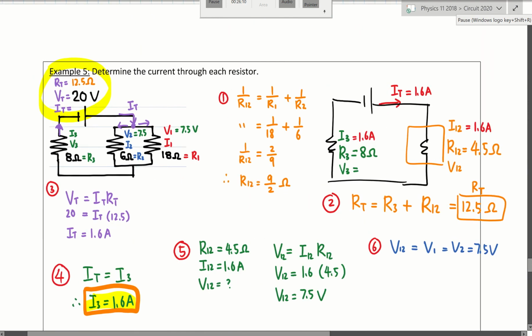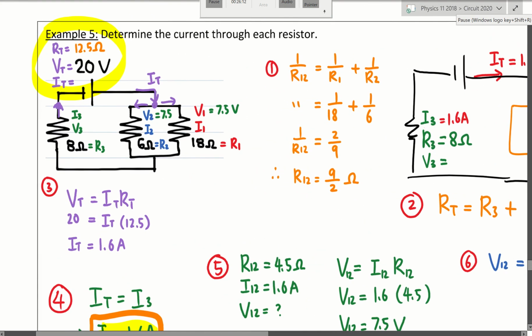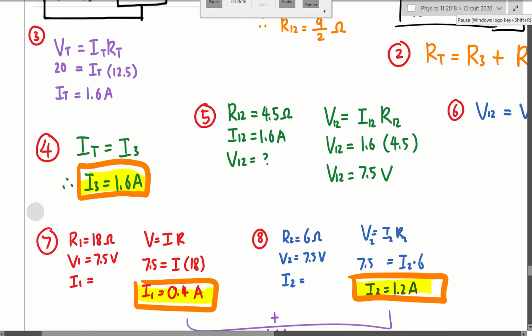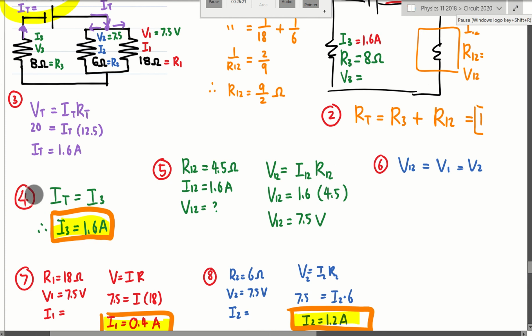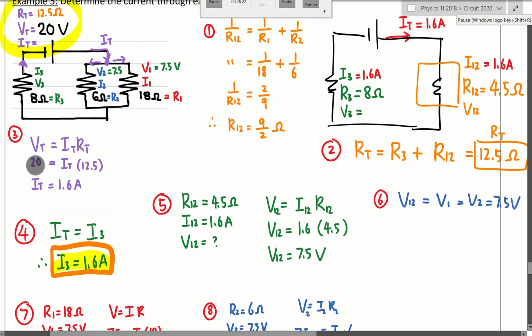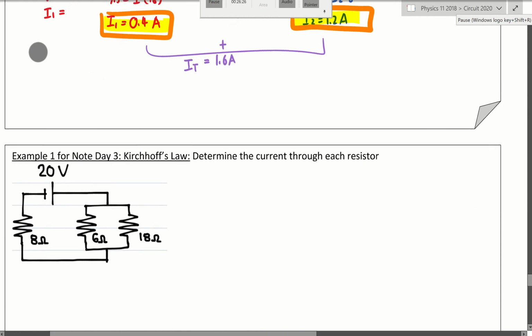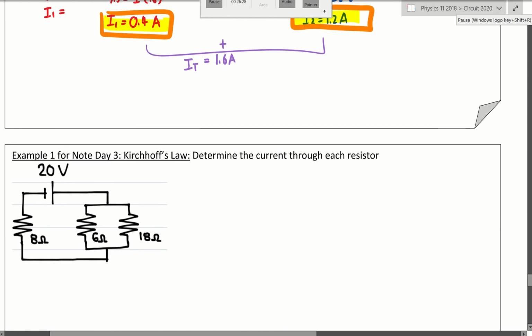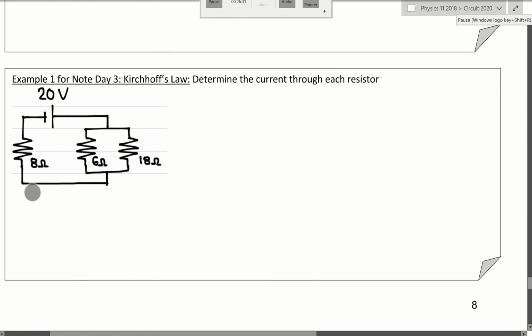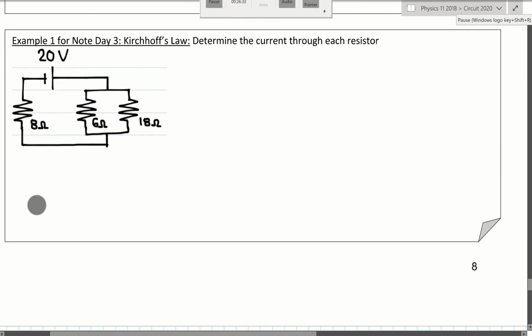We did this question already, question 5, right? But look at how long it took us to do this question if we only knew the rules that we learned last day. We're going to redo this question, and we're going to do it very, very quickly this time. Hopefully we can do it quickly this time.